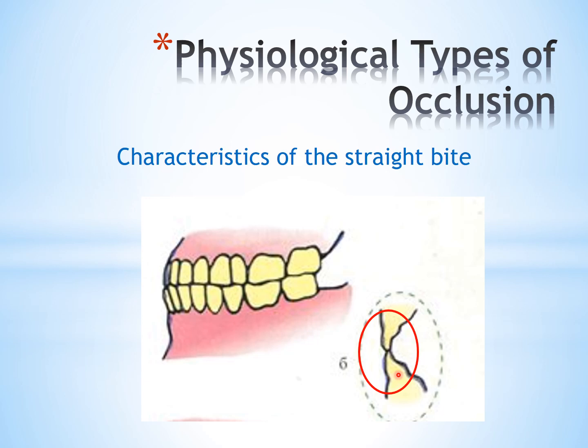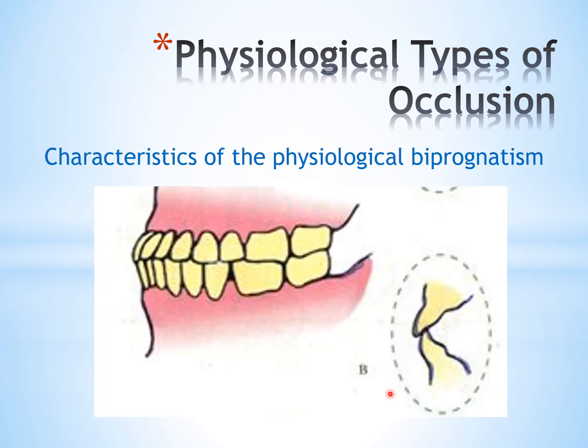Contacts like edge to edge. And the angle between the longitudinal axis of upper and lower incisors is more than 140 degrees.